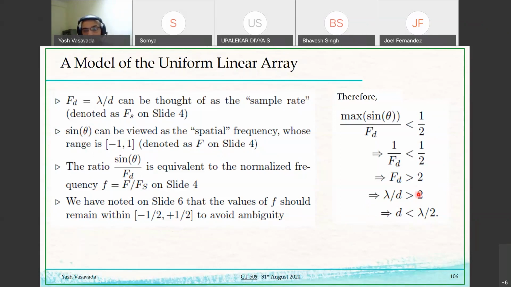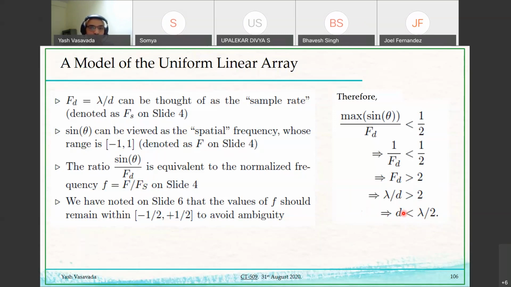So what this equation tells us is that if this inequality is not met, then our antenna array will not be able to say whether a signal is coming from 30 degrees or, I don't know, maybe 70 degrees.